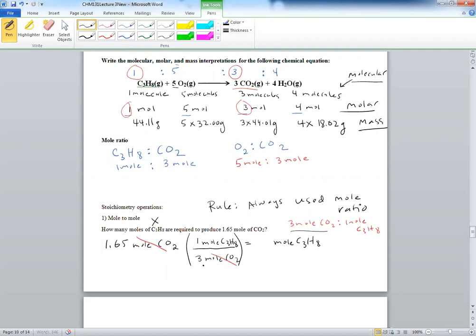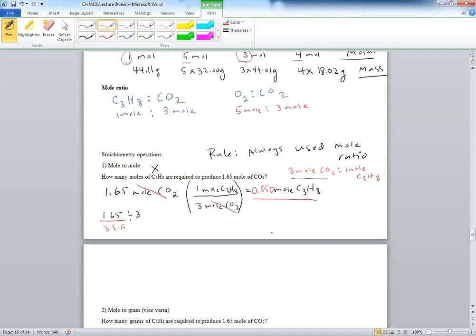So we're dividing here, dividing 1.65 by 3. Now, sig figs: we have 3 sig figs, so we must end with 3 sig figs. So 1.65 divided by 3 would give us 0.550 moles. That is our answer.